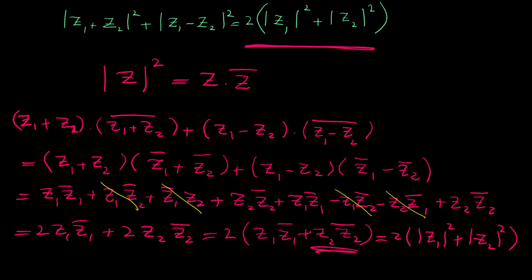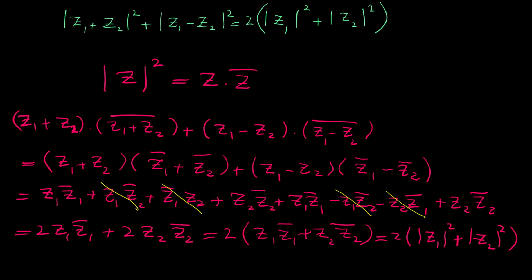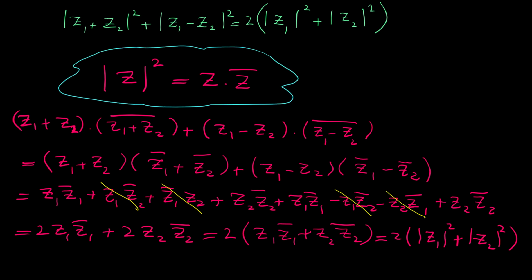And this is the other side of the identity that we wanted to prove. So starting from this and writing it in this form, we proved that this equals that. This is the first method, and it is based on this important identity that we know in complex numbers.